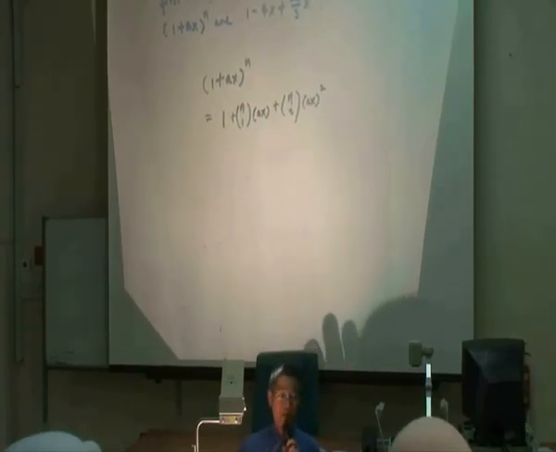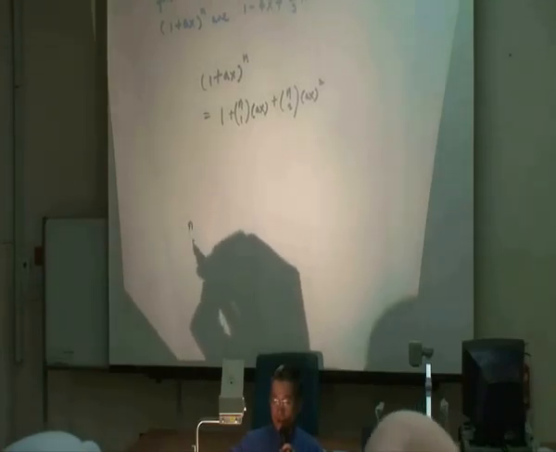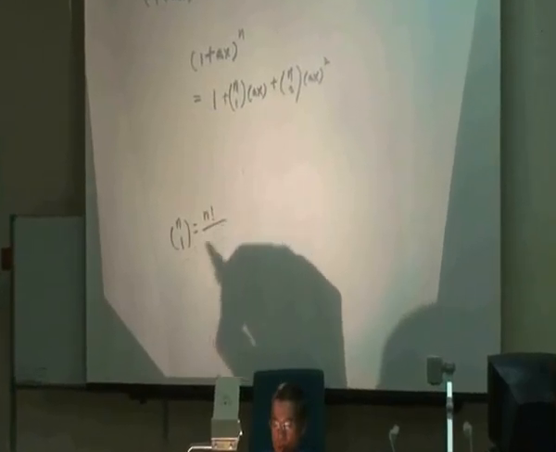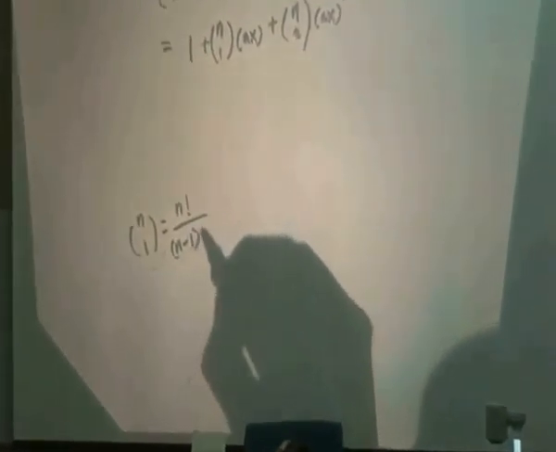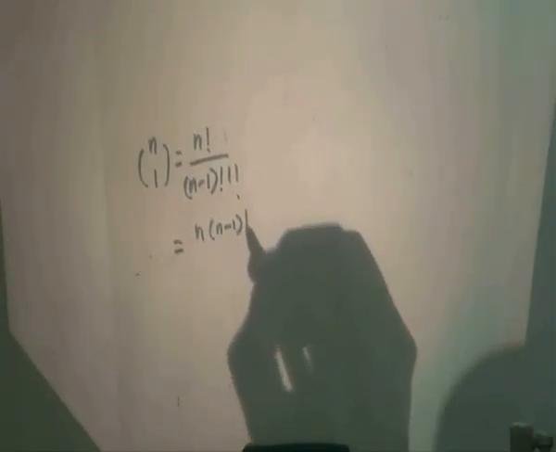So now nC1, you follow the definition. nC1 is equal to n factorial over n minus 1 factorial times 1 factorial. Follow the definition you have seen earlier. It can be simplified as n multiplied to n minus 1 factorial.